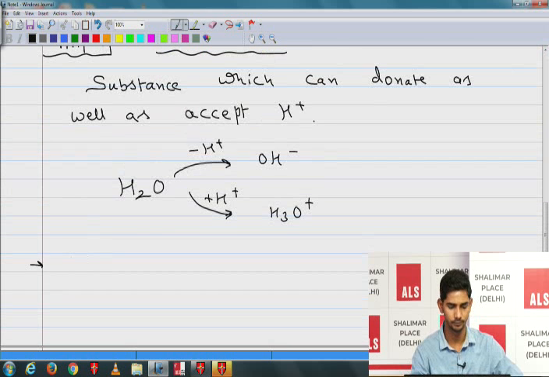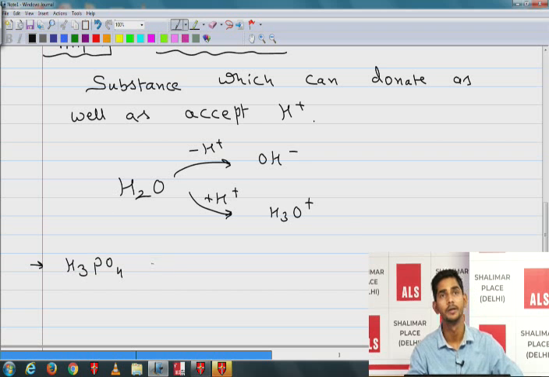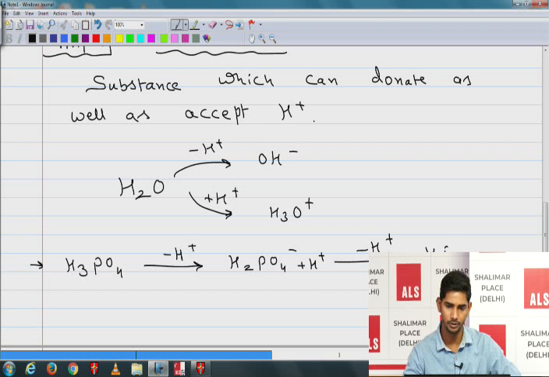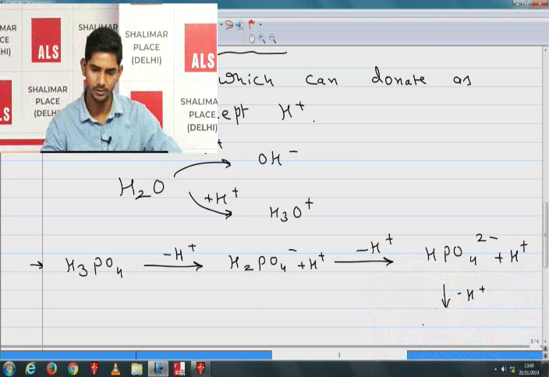Say H3PO4. H3PO4 can lose a proton because it is an acid. It will form H2PO4 minus. This one can also lose a proton to give HPO4 2 minus. Now this one can also lose a proton to give PO4 3 minus.